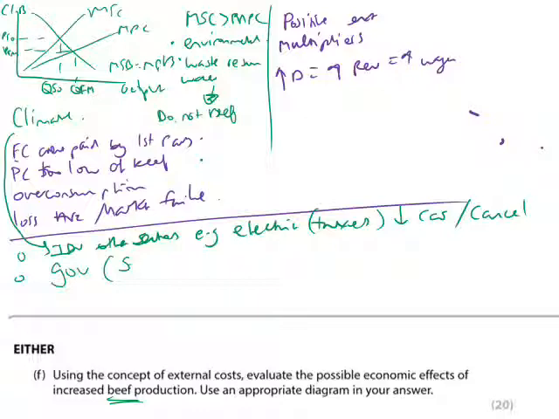So would they reduce subsidies to have that effect? You could also talk about the difficulty in estimating external costs. And then this would mean that you wouldn't be able to know what the socially optimum quantity was. So you wouldn't know whether or not we were creating a significant or an insignificant negative externality.